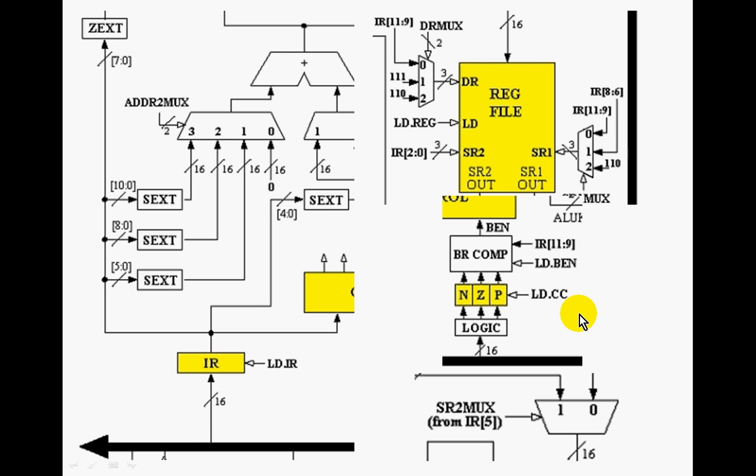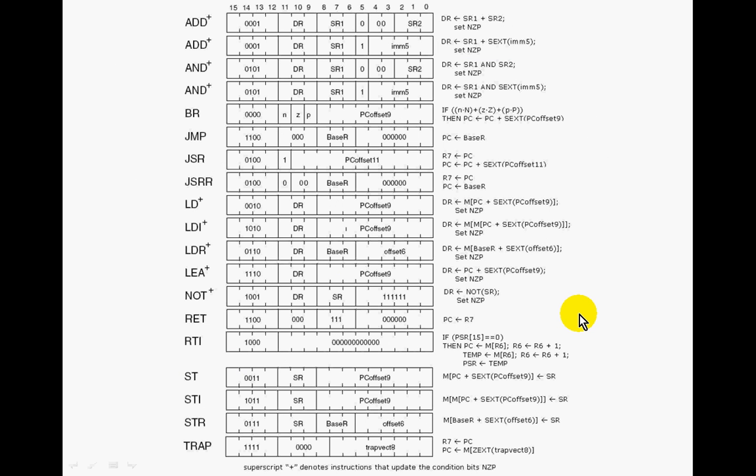As the name suggests, the condition codes allow the program to work with conditional statements, which is incredibly useful for implementing branches in program code. Notice that many of the instructions in the LC3 set the condition codes. They are marked with a plus at the end of the instruction name in the left column.